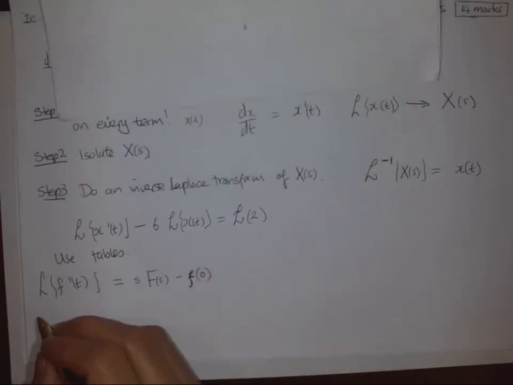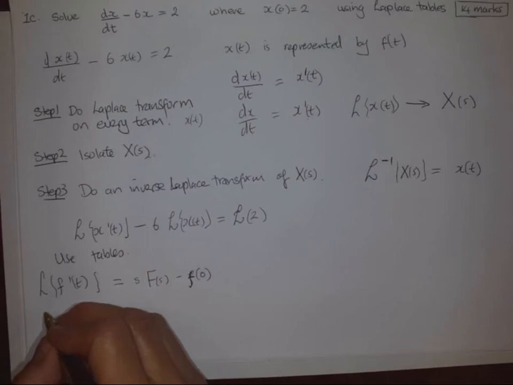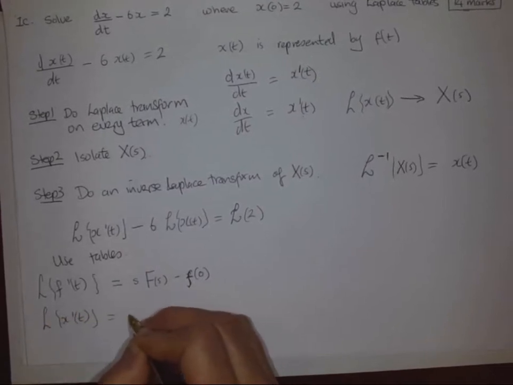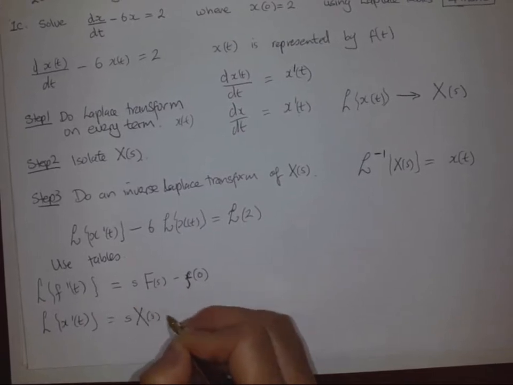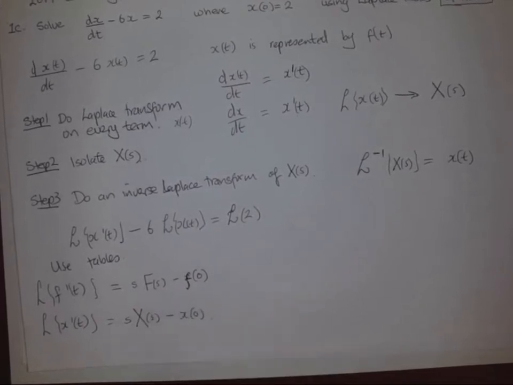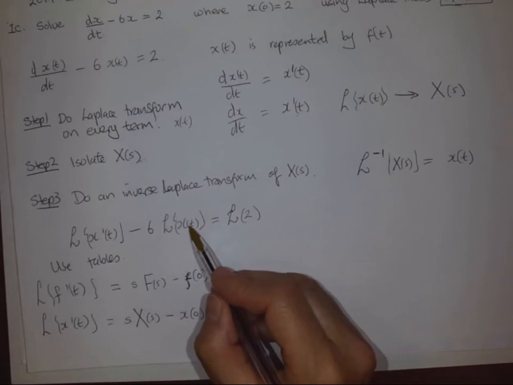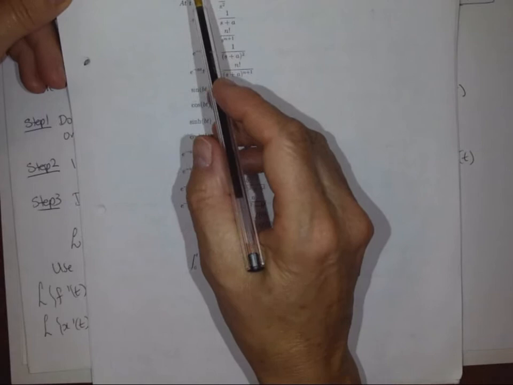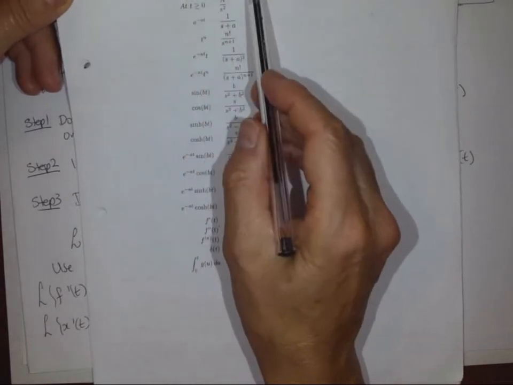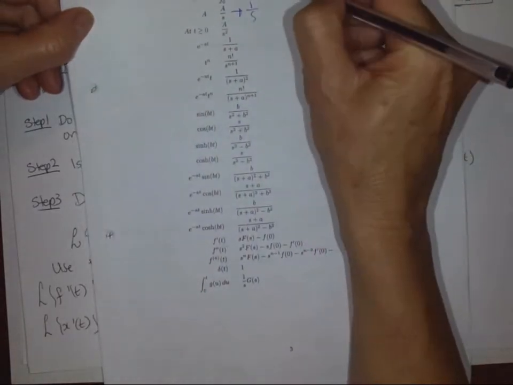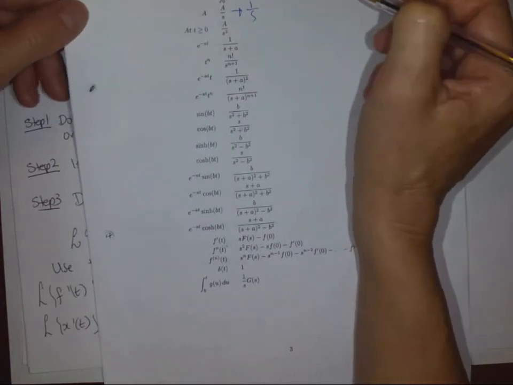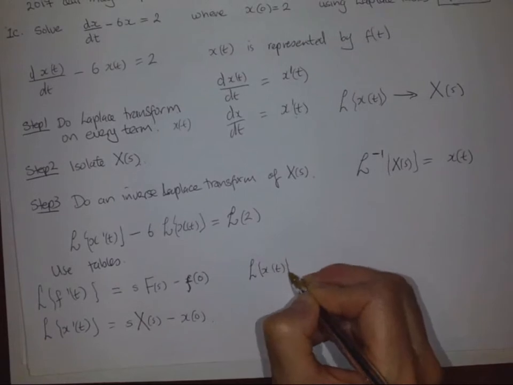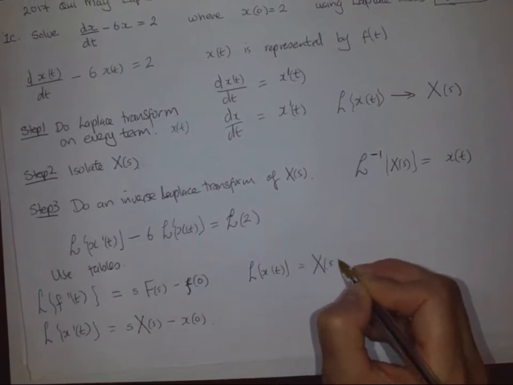So if it was a Laplace transform of little x dash t, which is what we have, it will be s capital X of s minus little x of 0. The next part is the Laplace transform of x of t. It's not really in the tables. It would be f of t, but that could be called capital F of s. So if you have a Laplace transform on little x of t, it is capital X of s.